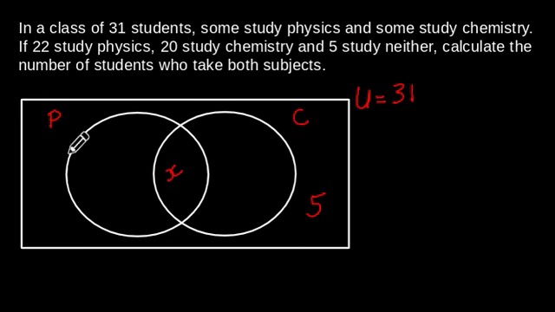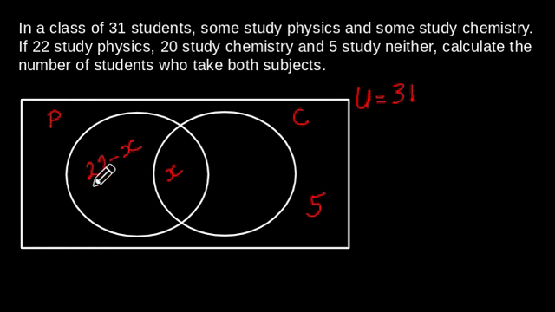So this whole set of physics equals 22 students, and that will be 22 minus X to figure out the number of students who study physics only. Okay, 22 minus X plus X will give us 22 students for the whole physics set.